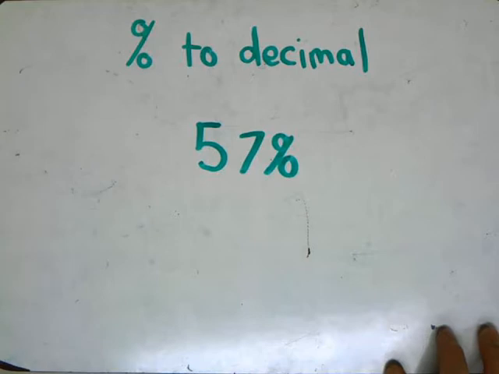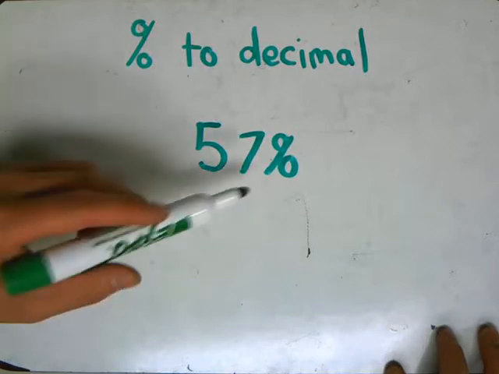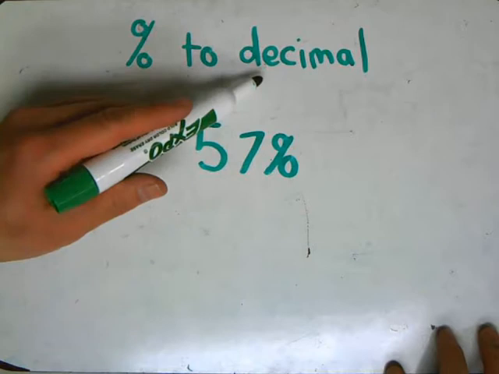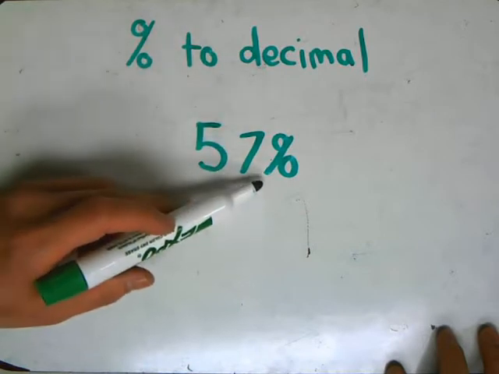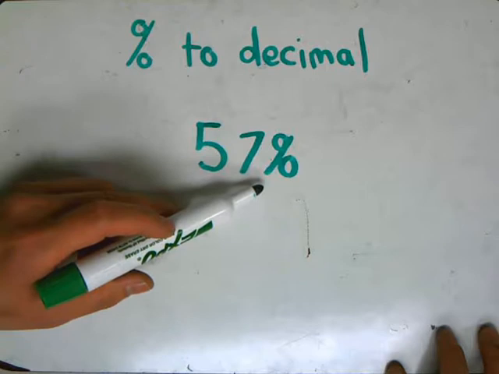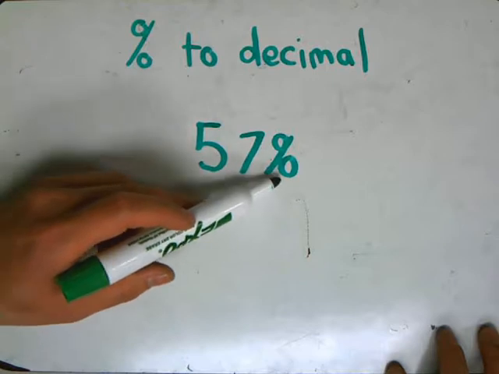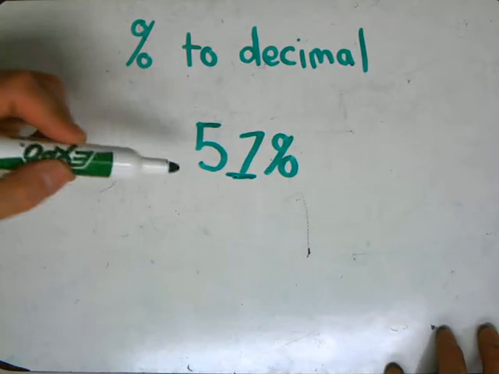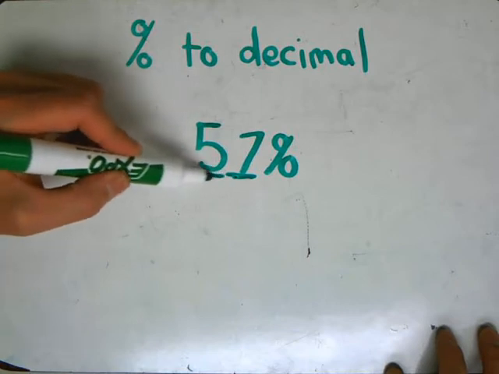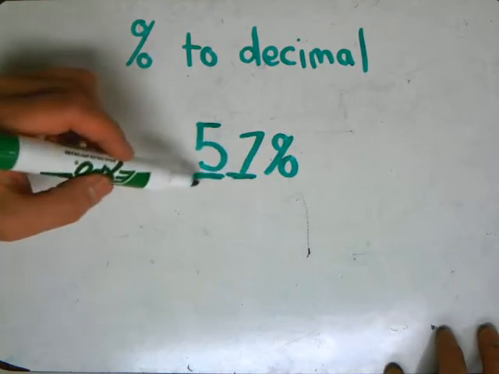The way you would do this is every single time you have a percent sign and you want to change it to a decimal, all you have to do is move your percent sign 2 place values to the left and turn it into a decimal. This is what I mean. Here is my percent sign. I know I have a 7 in the ones place, and I know I have a 5 in the tens place. There are 2 place values here.